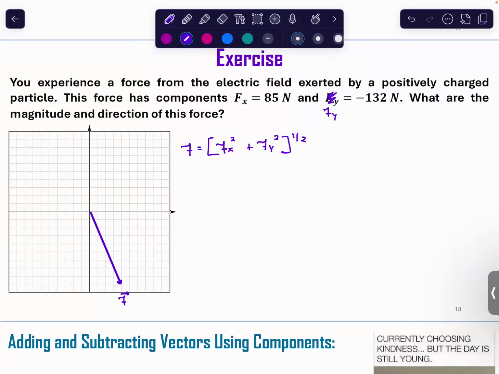Let's just talk about magnitudes, sizes, not negative or positive. You see how much bigger the y component is than the x component? That means the y component is going to go a lot further down than the x component goes out.